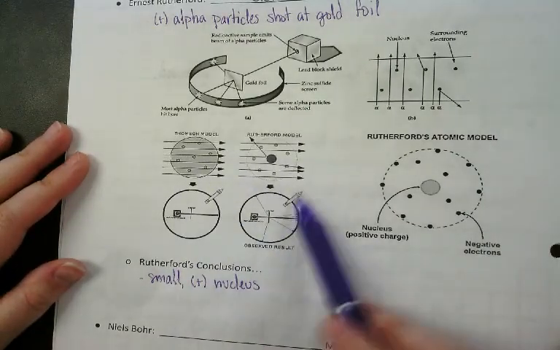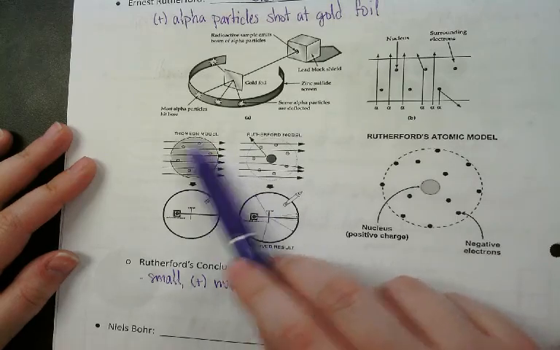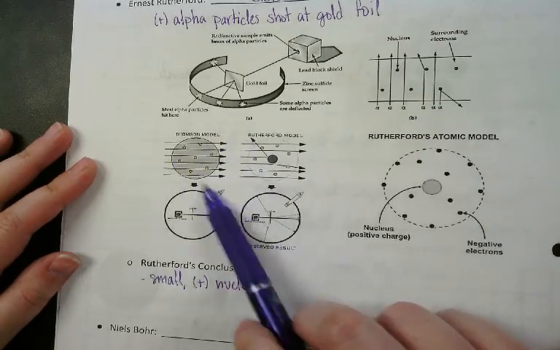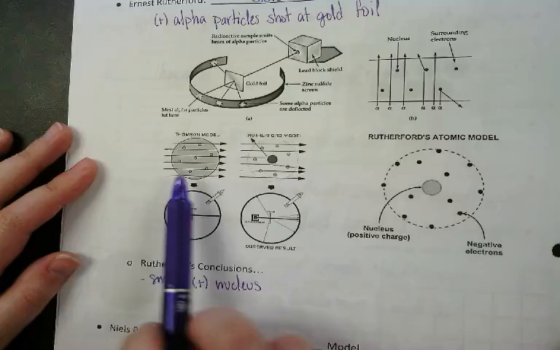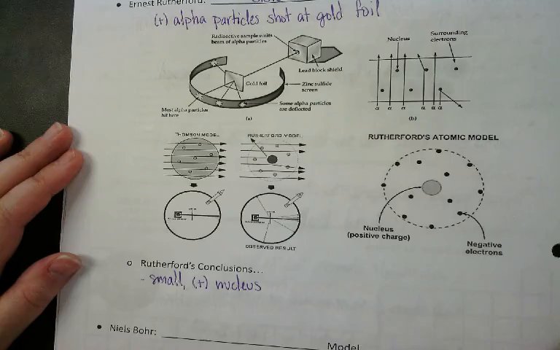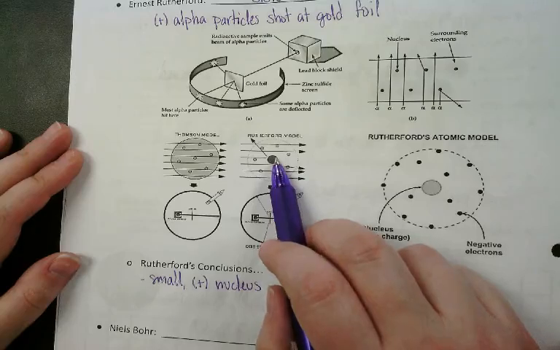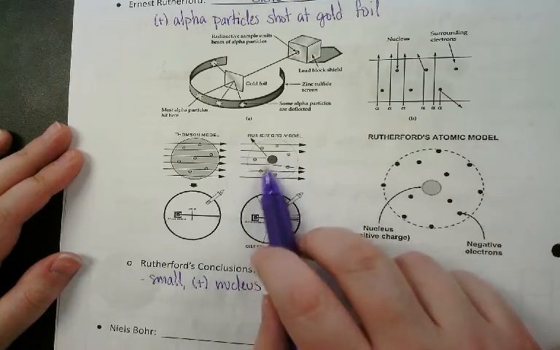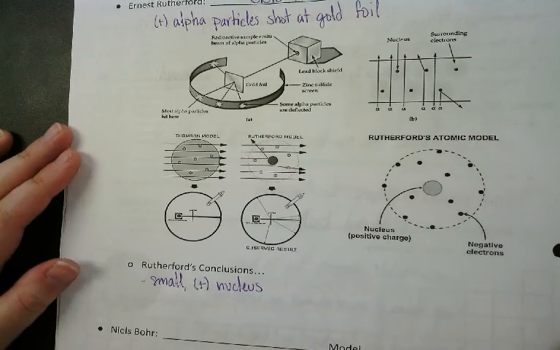So according to Thomson, right? Thomson had that plum pudding model. It was a positive atom, and these electrons were just randomly distributed, mostly empty space. Since electrons are so small, these alpha particles should have just shot straight through, not been deflected. However, Rutherford discovered that there's a nucleus in the center because some of these alpha particles did get deflected. So they hit something large enough to interrupt their path, whereas the electrons would be small enough to not disrupt.